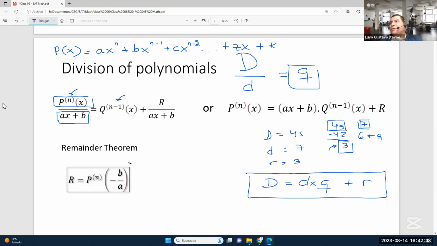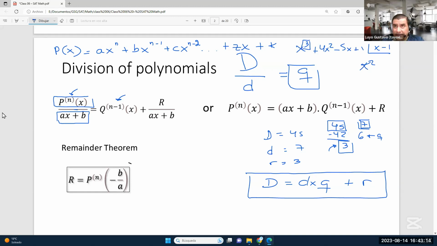So if, for example, you have something like x cubed plus 4x squared minus 5x plus 1, and you divide this by another polynomial, a binomial actually such as x minus 1, what you get as the likely quotient is something like, for example, x squared. Yeah, it has to be 1 degree less than the original dividend.